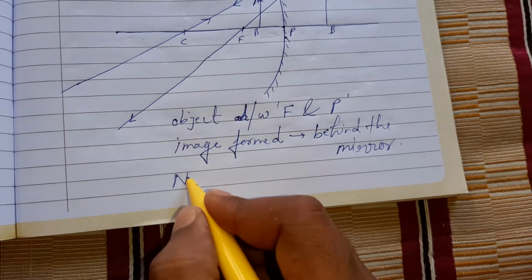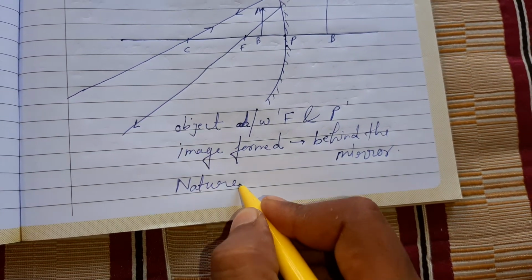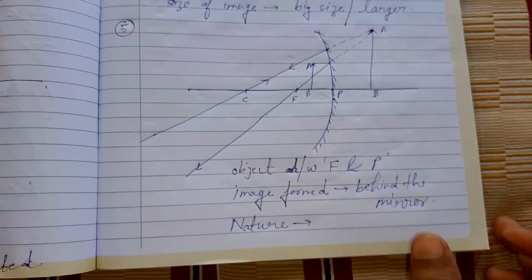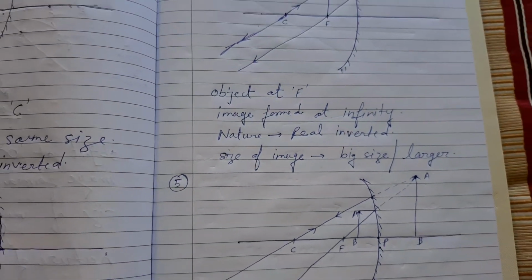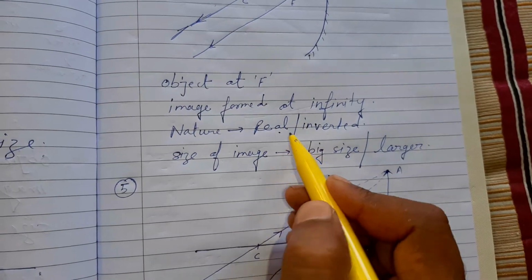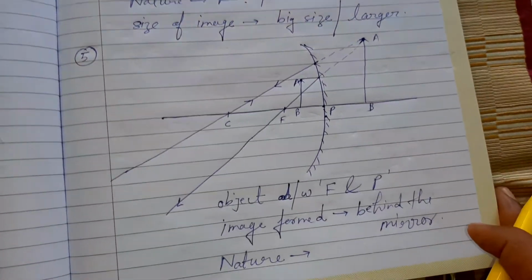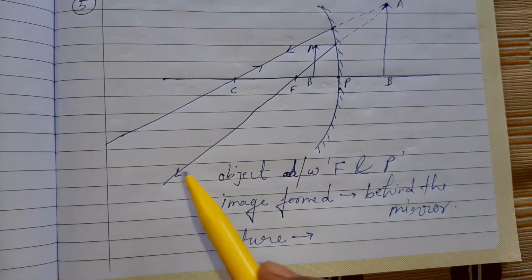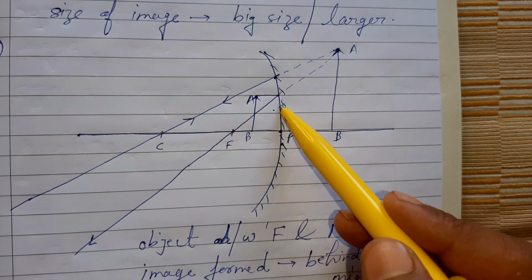And the nature: in all the concave mirror cases the nature was real and inverted, but here the rays do not actually meet, they only appear to meet.